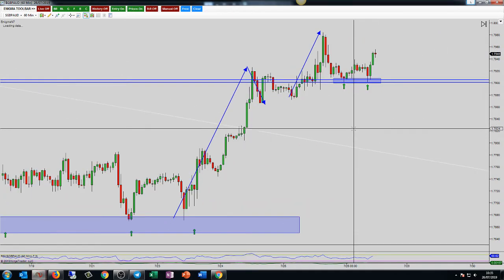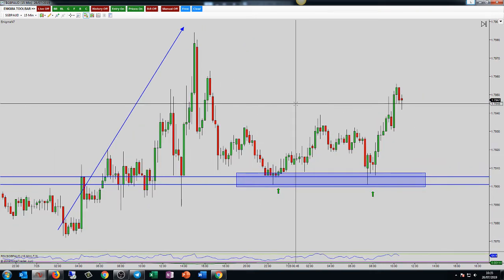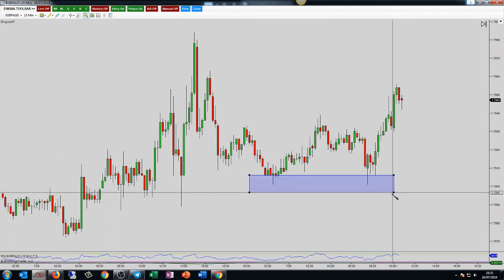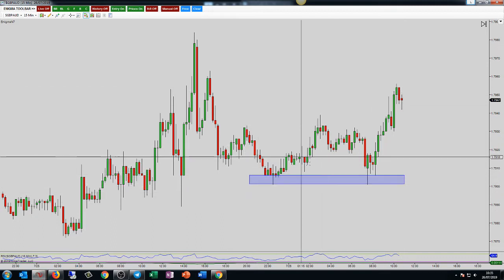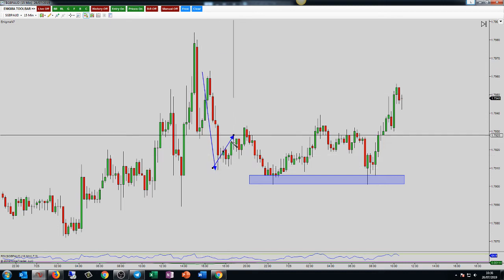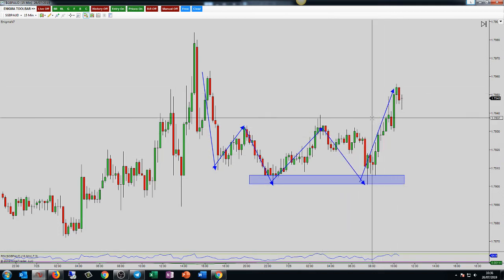Okay, let's take a look at the 15 on this. Well, it's a little bit ugly, but this was your swing in the market. A move lower, a pullback, a move lower, a pullback, a move lower, a move higher.